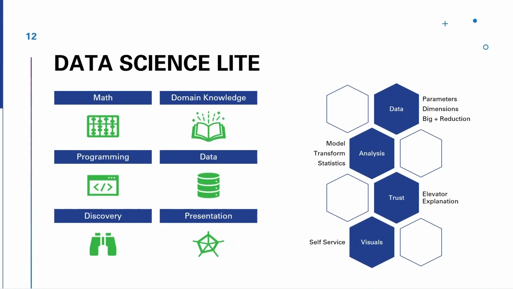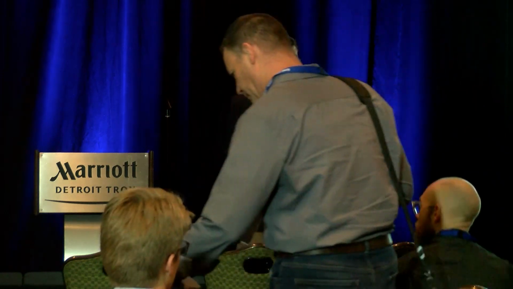Now, data science in my day-to-day, there's a lot of data, obviously. There's programming, very detailed math, but domain knowledge is a big one that I want to highlight. You need to know your industry. You need to know your business. That's the best way that you're going to identify the problems where you can have the greatest impact.